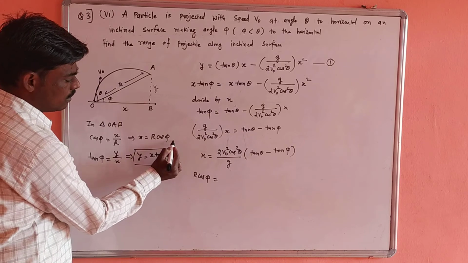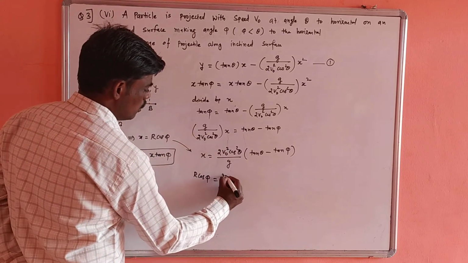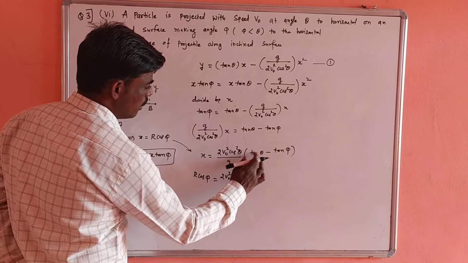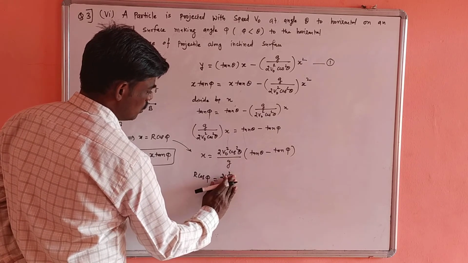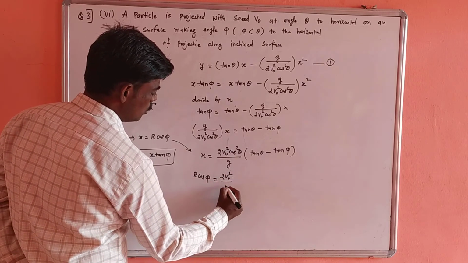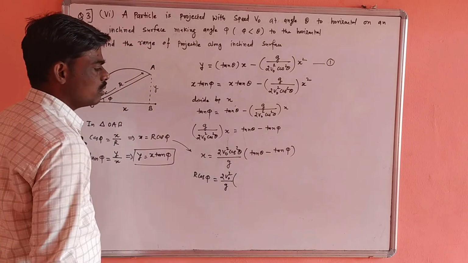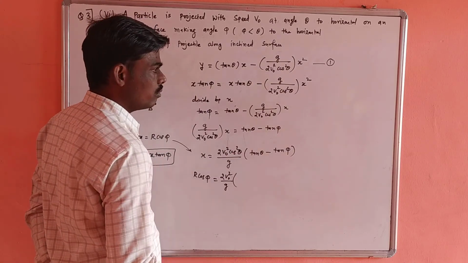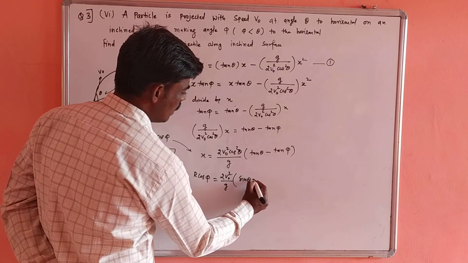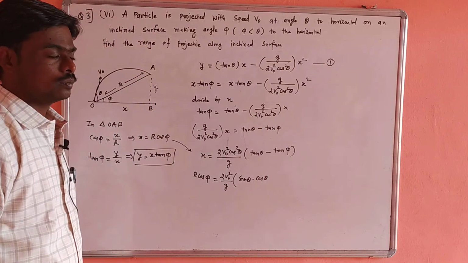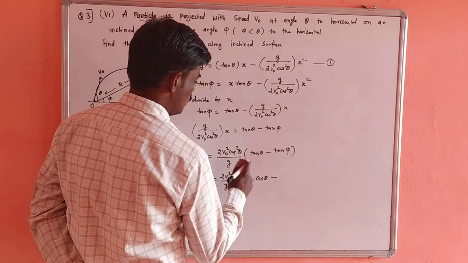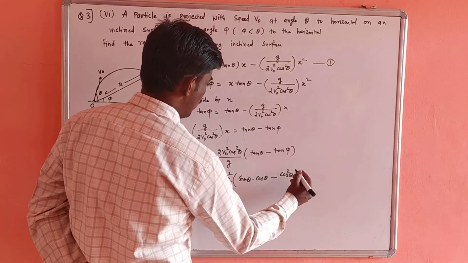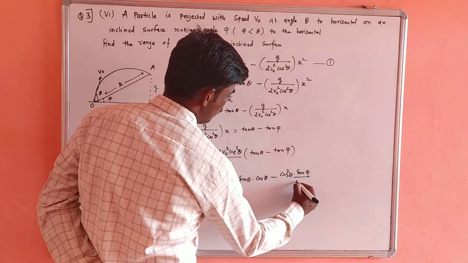So substitute the value of x as r cos phi, then multiply 2v0 square cos square theta to both terms. What we get is 2v0 square upon g, and tan theta is nothing but sin theta upon cos theta. So one cos theta will be cancelled, so it becomes sin theta cos theta minus cos square theta into tan phi. Tan phi means sin phi by cos phi.